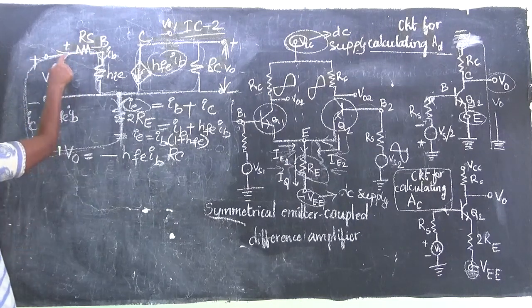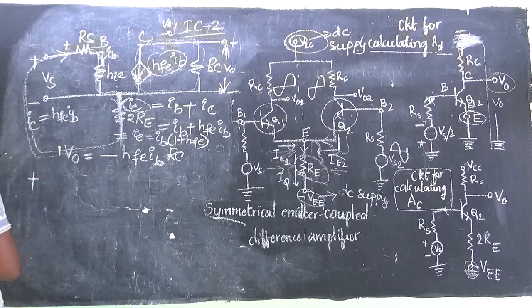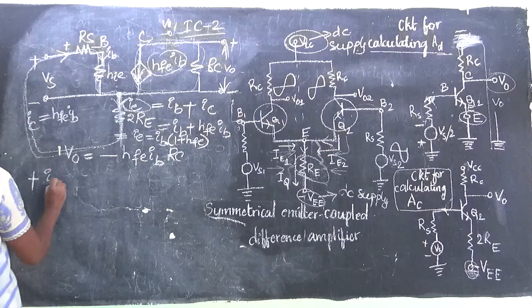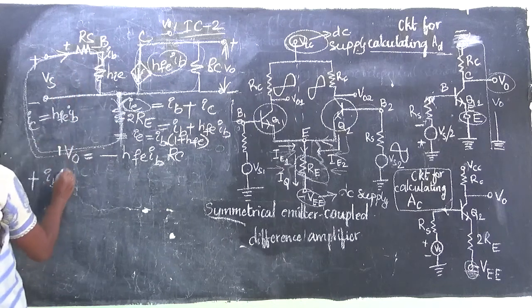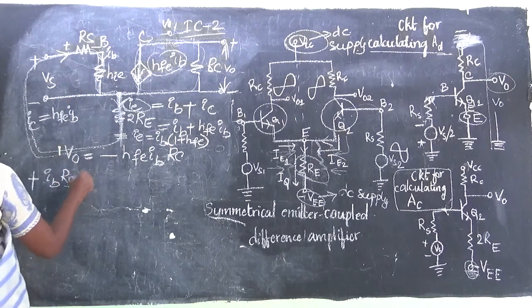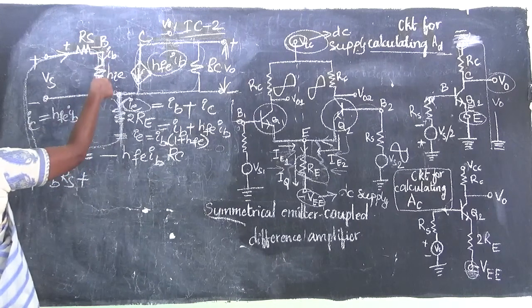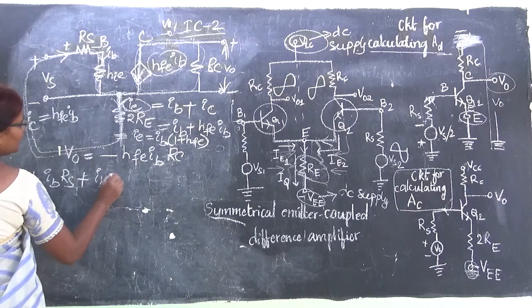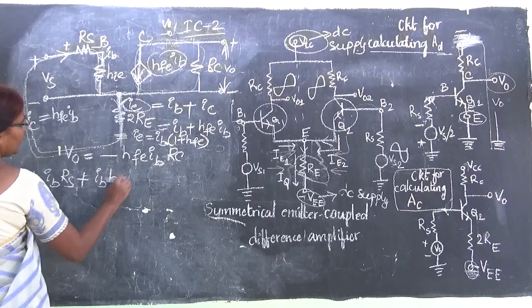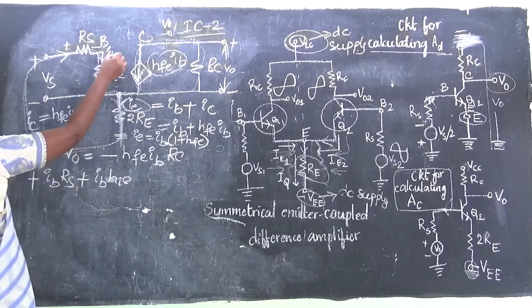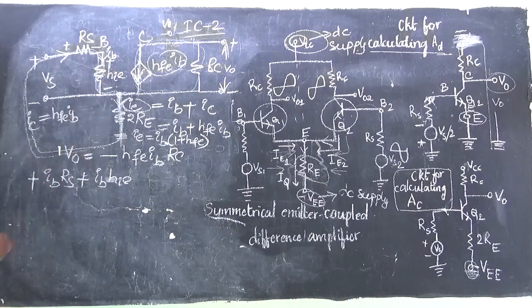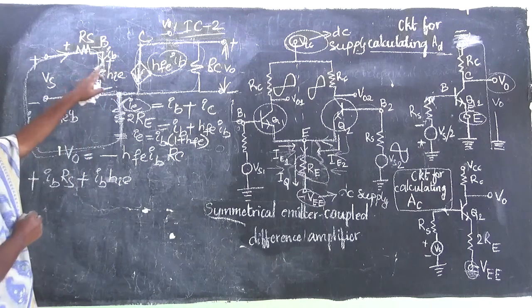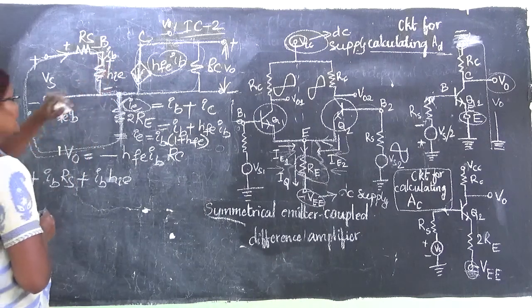Starting from this point, I encounter the plus terminal, so the current is IB and the resistance is going to be Rs. Plus the same current flowing through this, so this is also IB times hie, because here is the higher potential and here is the lower potential, and my positive terminal is touching first.